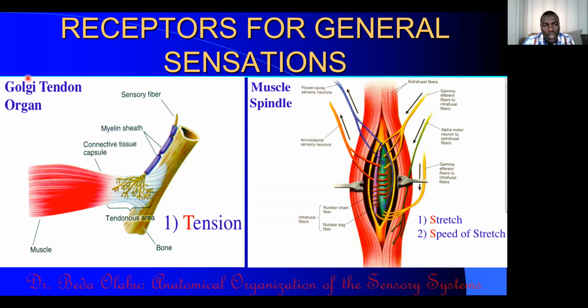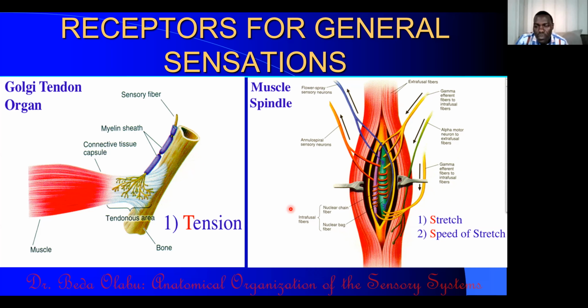We have what we call the Golgi tendon organ, as well as what we call the muscle spindle. Golgi tendon organ is found at the junction between muscle and tendon. This receptor is sensitive to tension within muscle. So it's sensitive to muscle tension.